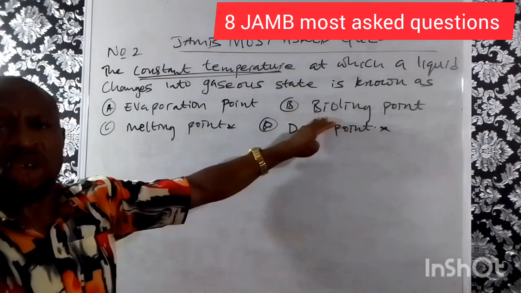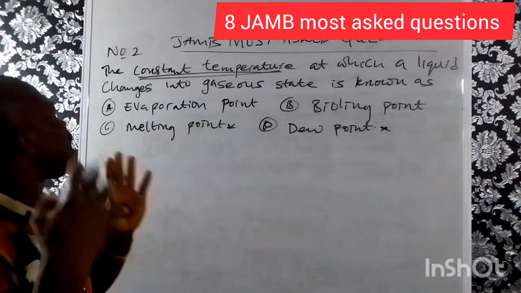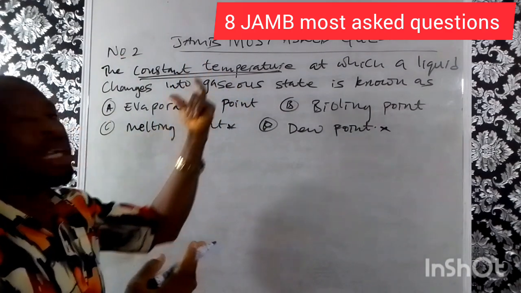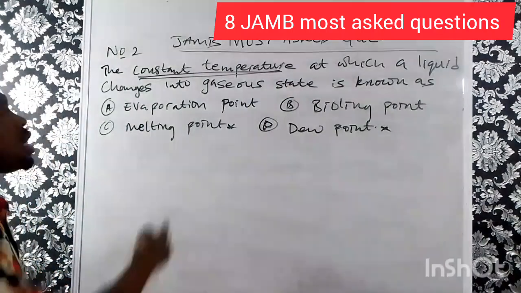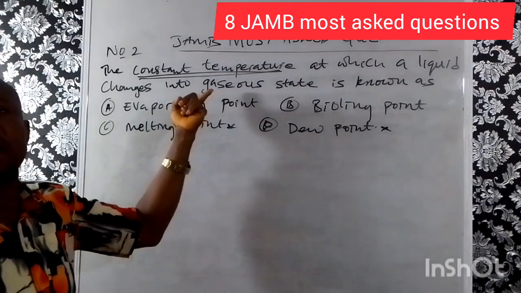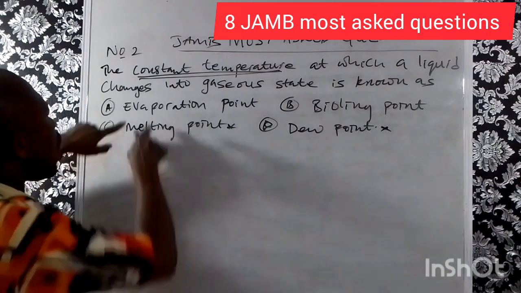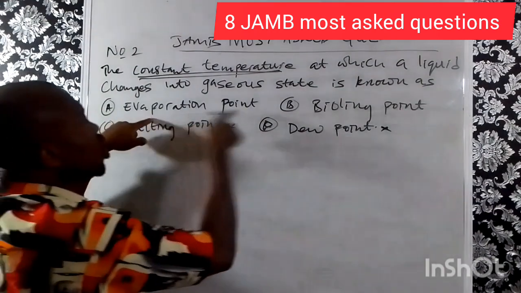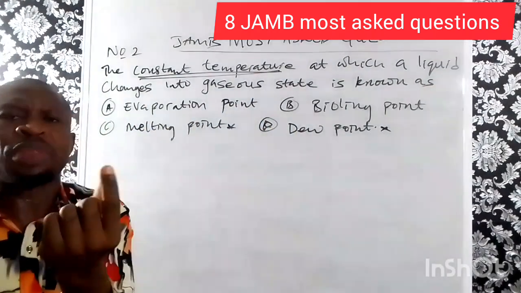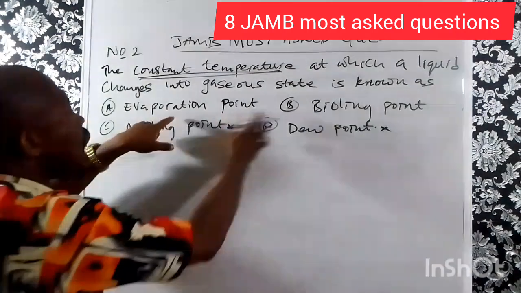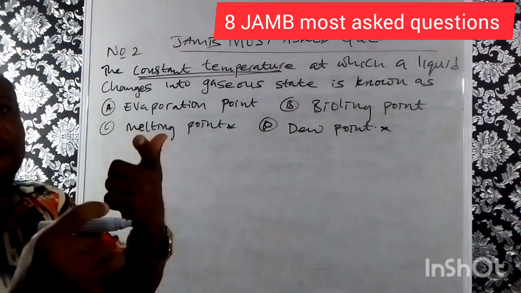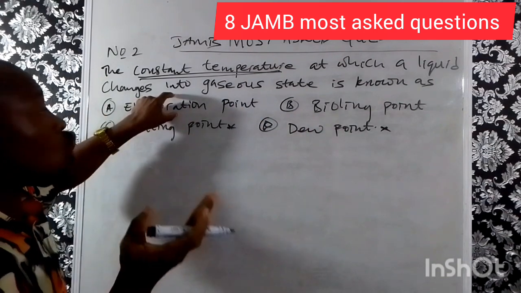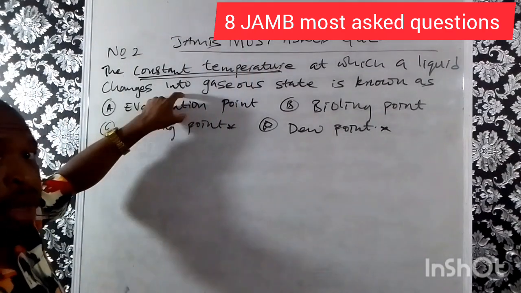Boiling point is a constant temperature at which liquid turns into its vapor state or gaseous state. Now we take a look at evaporation. Evaporation and boiling have something in common. Boiling occurs at a constant temperature, whereas evaporation occurs at a temperature below the boiling point.